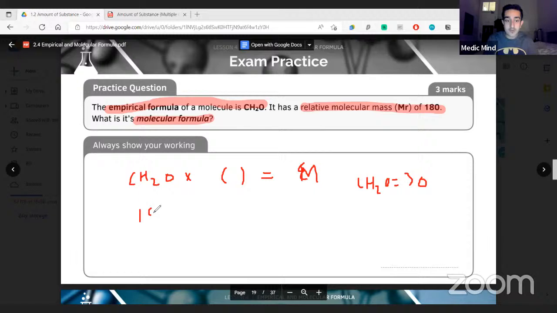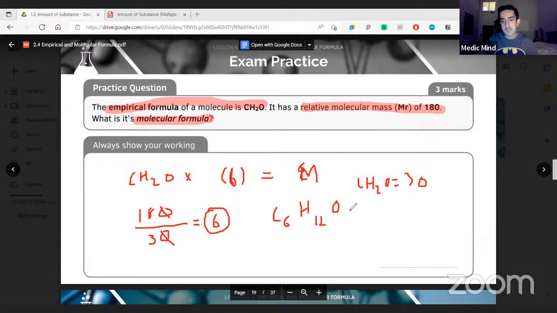Then I want to find the ratio, or the scale factor, between the empirical mass and the molecular mass. And that's 6, which means that this empirical unit is multiplied by 6, which now means that my molecular formula is C6H12O6.